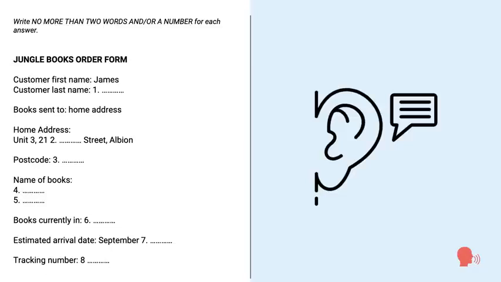Ah, I see. They're still on their way. Yeah, but it looks like you'll get them on September 13th. Okay. But I can give you a tracking number if you like. That way you can keep track of them and you'll know exactly when they'll arrive. That'd be great. So the tracking number is 739 316 590. 739 316 590. Got it. I just go to junglebooks.com and enter this? That's right.